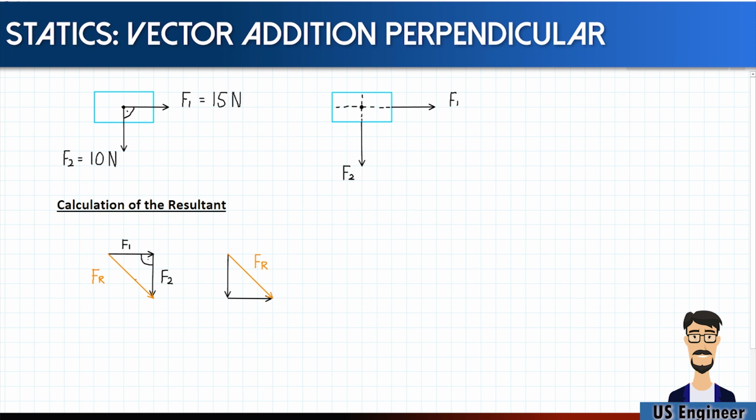And since we're looking for the magnitude of FR, we need a mathematical tool that allows us to calculate the lengths in the right-angled triangle. And one of the tools that might come to mind, and which you probably know from your high school math classes, is Pythagoras' theorem.